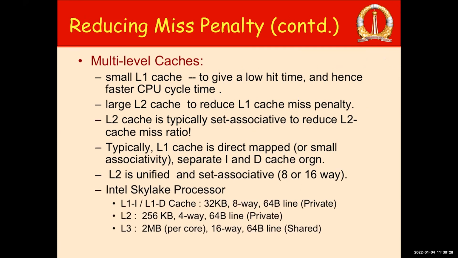Yes. So in this case, in line first, you mentioned that the first cache should be small and associativity should also be small. Correct. Typically, that's why I said that L1 cache is direct mapped and small, or small associative. But in the case of Skylake, it's an aggressive design.